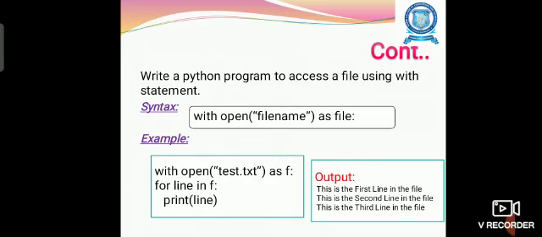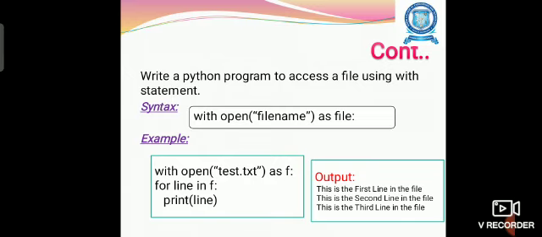So the file name should be the argument inside it, as file. Here file is nothing but the file object we have to mention for this particular file. The syntax is: with open of file name as file. File is the file object, and we can see the example.